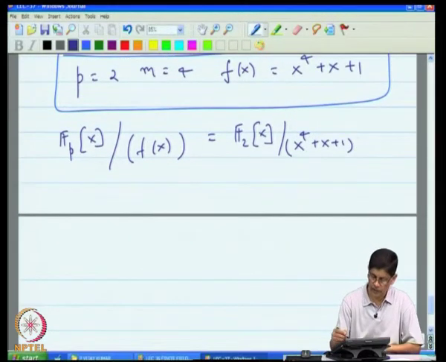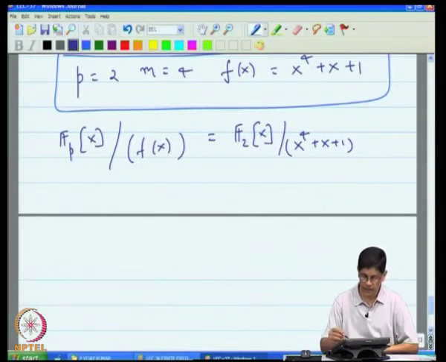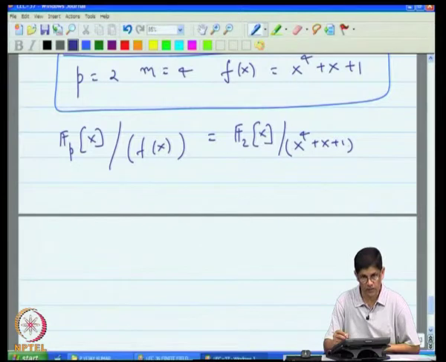So which means that all your elements would look like polynomials. Now a word about this. This is saying that since you are free to discard multiples of x^4 plus x plus 1, that means that you can actually replace x^4 by x plus 1.